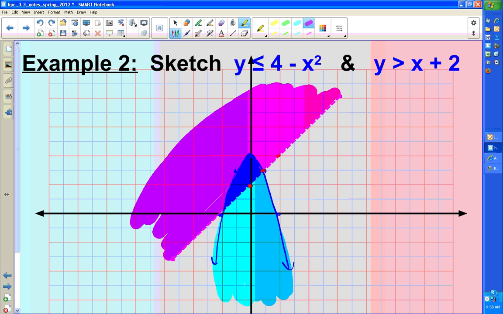Okay? So right here, we're going to write solution. Anyone have an issue or concern on this?